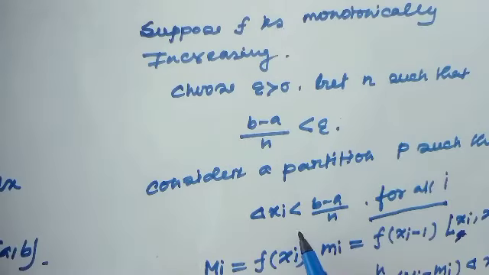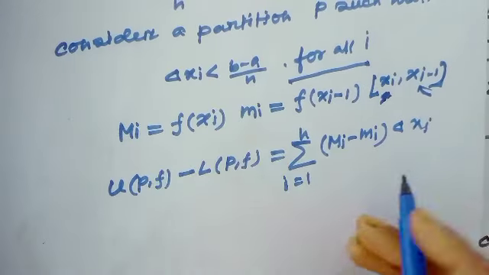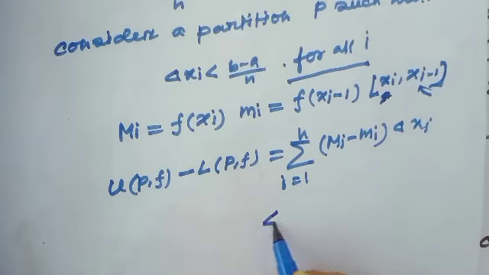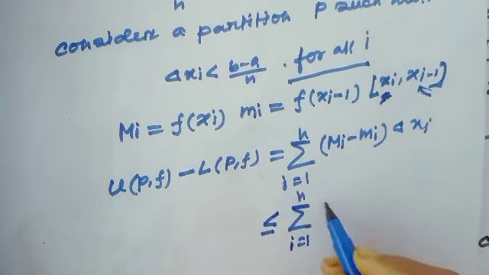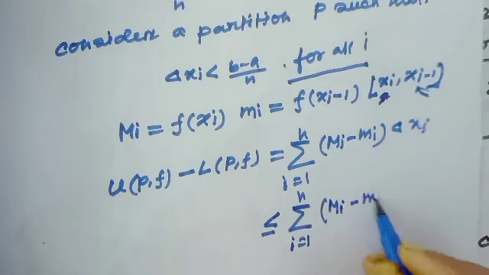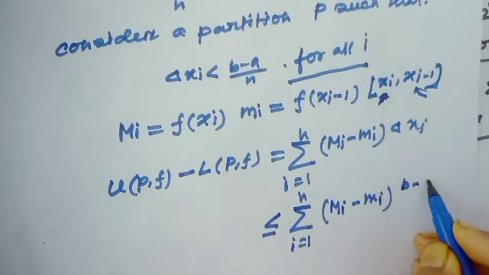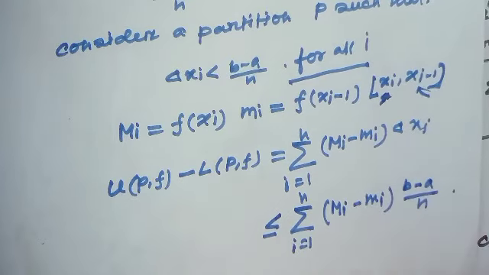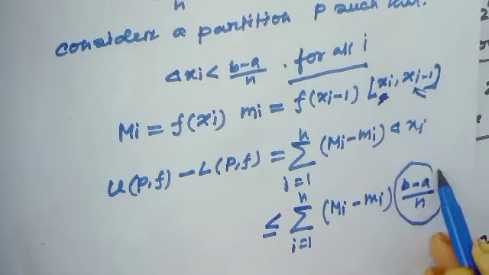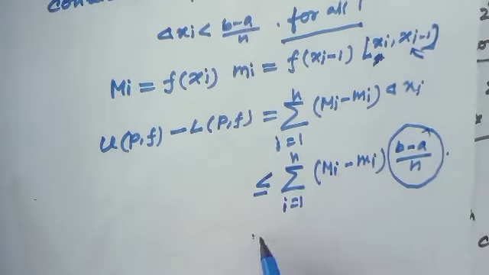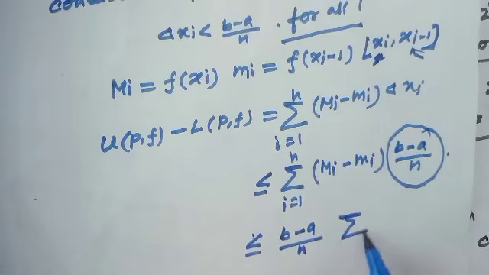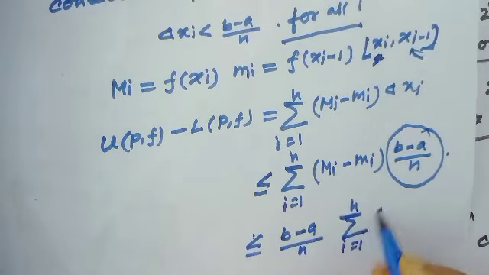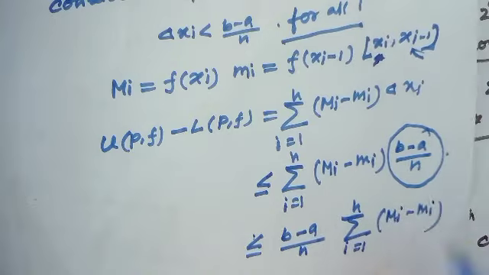Since I have taken the partition as delta xi less than (b minus a) over n, just put the value, then this would be less than or equal to the summation of (capital Mi minus small mi) times (b minus a) over n, and removing the constant from the summation, this is less than or equal to (b minus a) over n times the summation i equal to 1 to n of (capital Mi minus small mi).